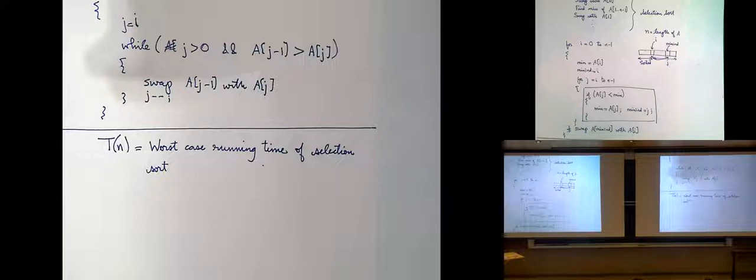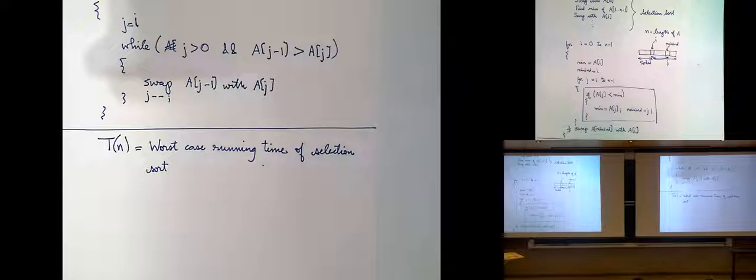How are you going to argue about this? So the linked list was easy. It's a single loop. But how are you going to argue about this? So here's the code for selection sort. Yes? Yeah, you count an operation. So yeah, exactly. But tell me how to count them.